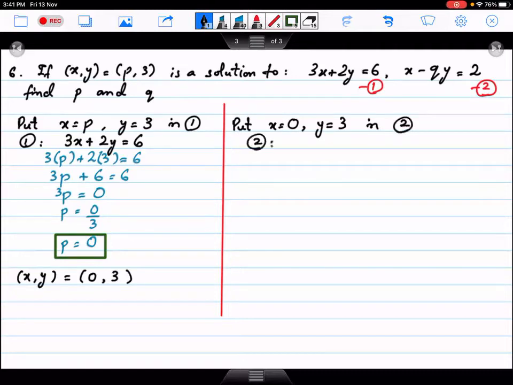So equation 2 was x minus qy is equals to 2. So by putting x equals to 0 and y is equals to 3, it becomes minus 3q is equals to 3. So q becomes minus 2 upon 3.